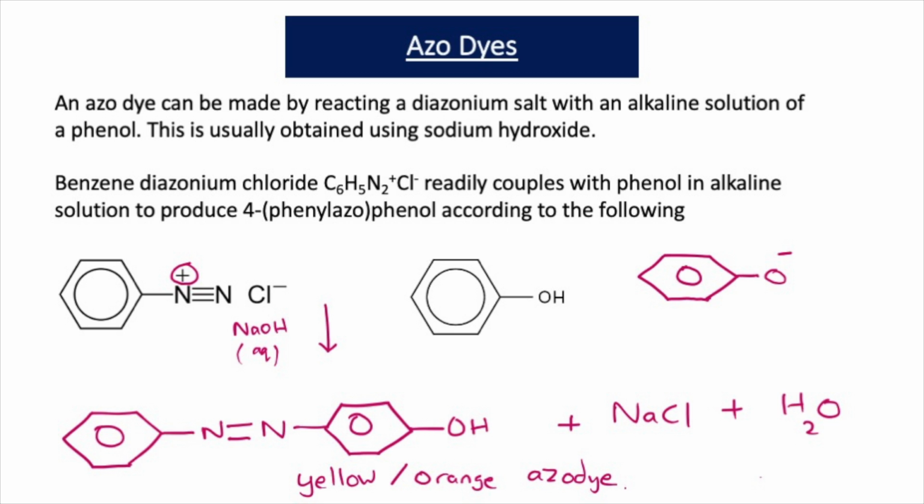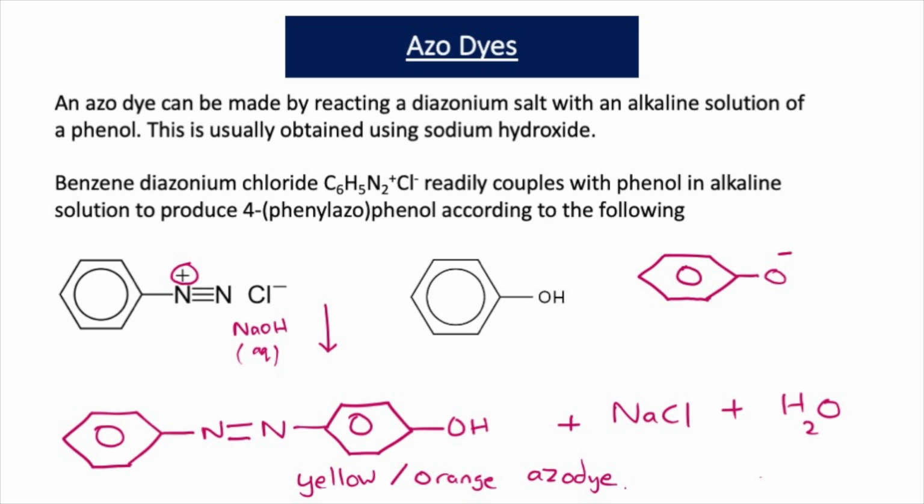It's an electrophilic form of benzene. So we need to make a nucleophilic form of phenol for phenol to react. So therefore, when I have NaOH, the H comes off the phenol to make an O- ion, and that's why it reacts with benzene diazonium chloride.